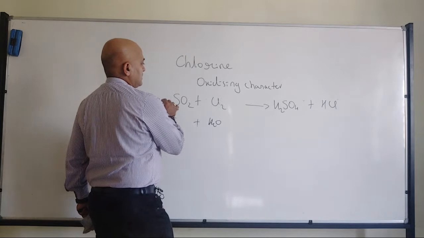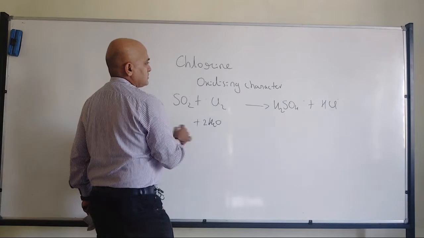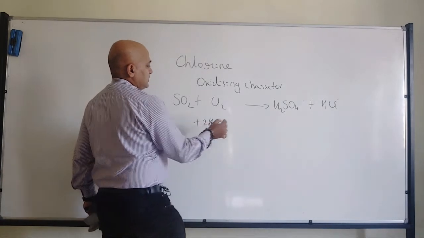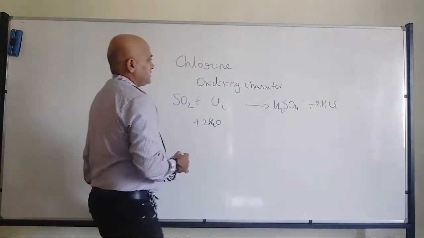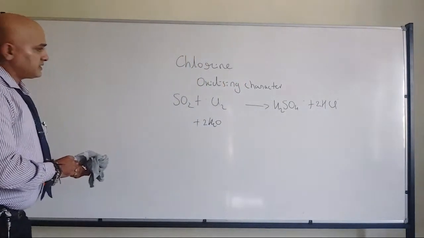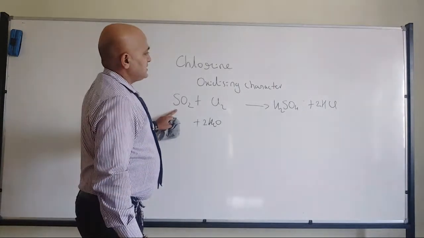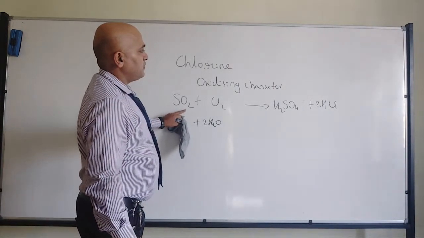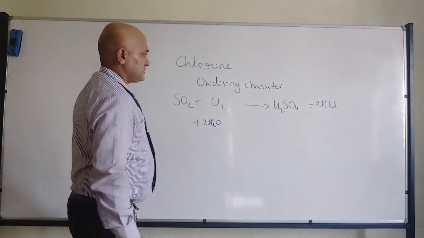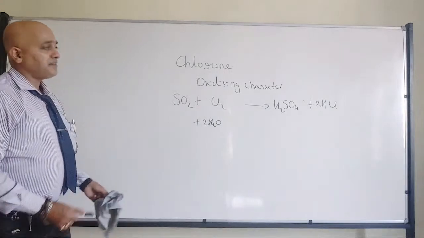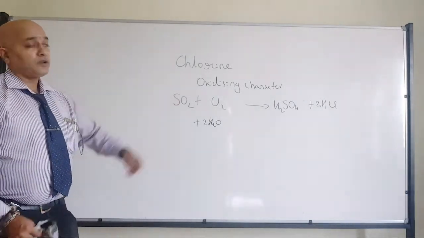So I will make it as 2. If I make it as 2, it will become 4 hydrogens. Now I will just balance. Right? Balanced. Sulfur is 1, oxygen is 4, 4, chlorine is 2, hydrogen is 4. Yes, it is balanced. So that's where we have the oxidizing property of chlorine.